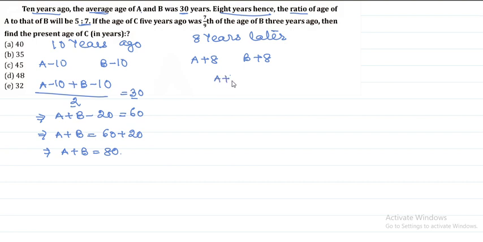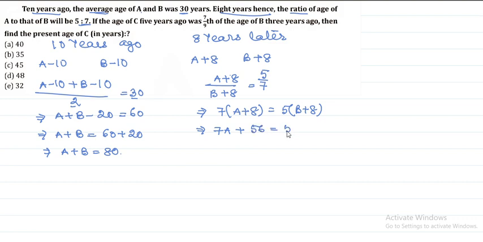So (A plus 8) divided by (B plus 8) would give us 5:7, that is 5/7. Okay, now cross multiply. So we have 7 into (A plus 8) is equal to 5 into (B plus 8). Okay, that is 7A plus 7 eights are 56 is equal to 5B plus 5 into 8 gives us 40. So we have this.